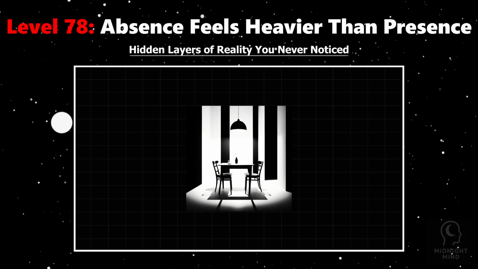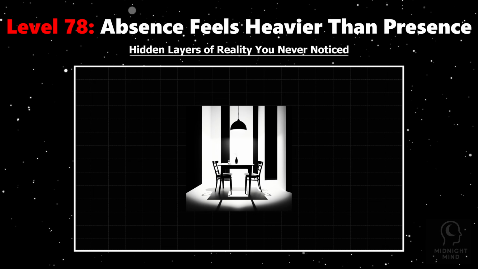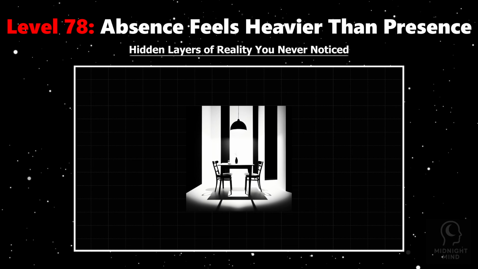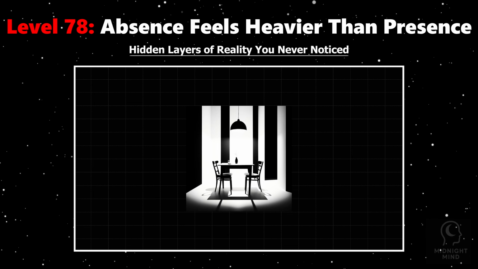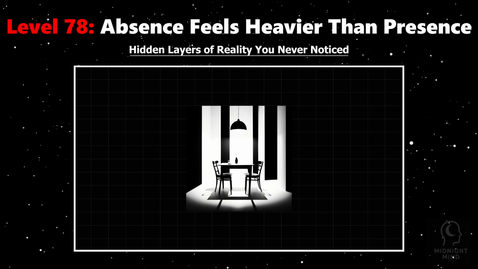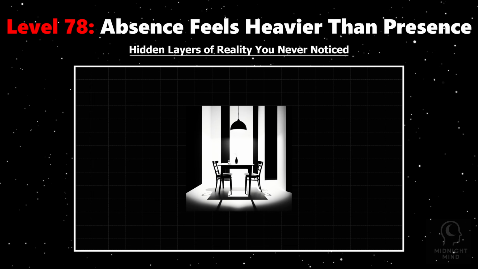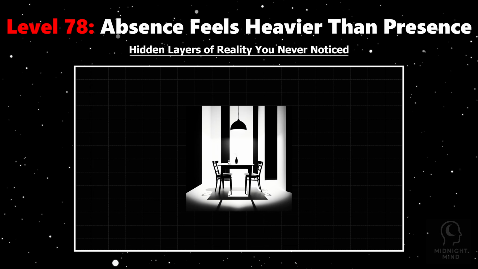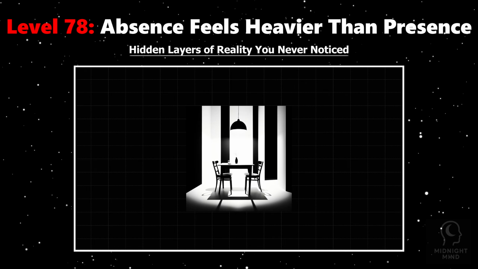The mind fills gaps with longing, uncertainty, or fear, intensifying feelings of loss or anticipation. Silence can scream louder than words, forcing reflection and emotional confrontation. So next time you feel the weight of something missing, know it's not just longing or sadness, it's your brain's primal alert system, making absence feel more real, more urgent, and undeniably heavier than presence.